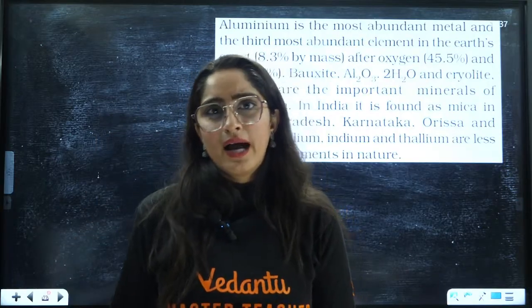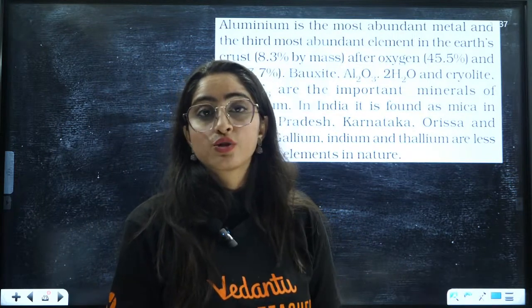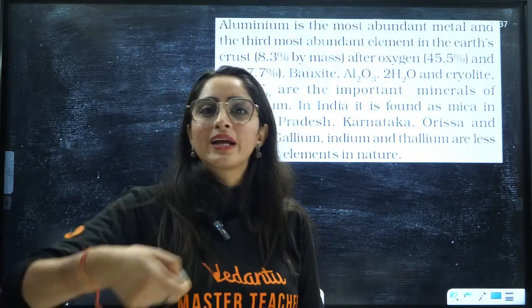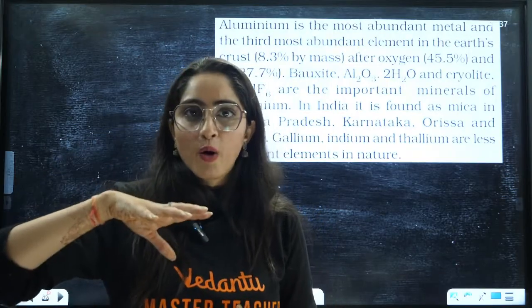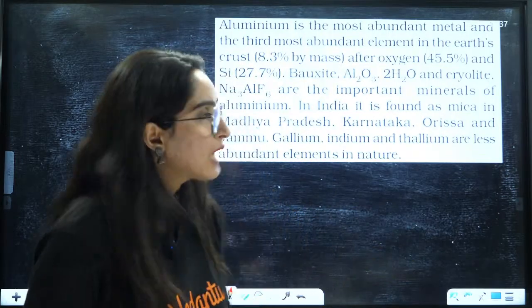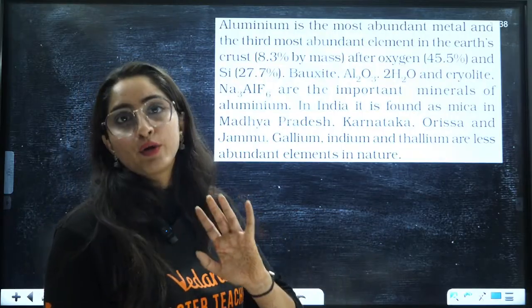Even now, most houses use aluminium utensils, but we should use iron utensils, because cooking in iron utensils is beneficial for our body. Aluminium is not good for our body, so it should not be used. Especially aluminium foils should be banned.